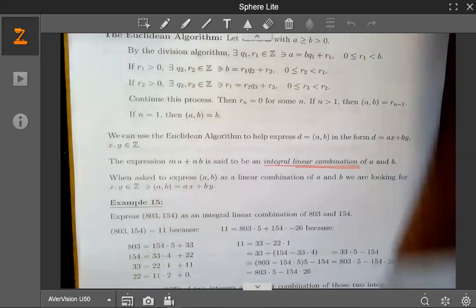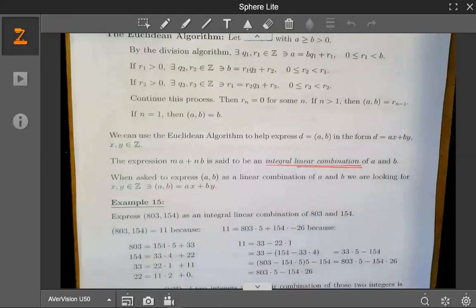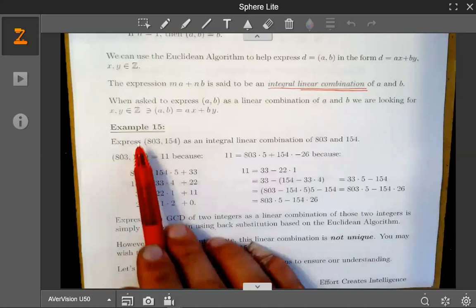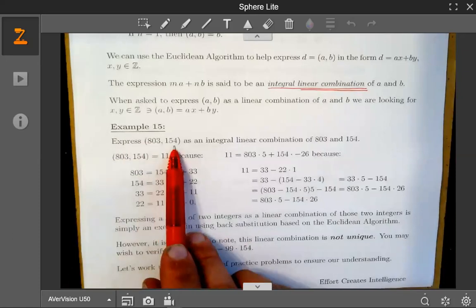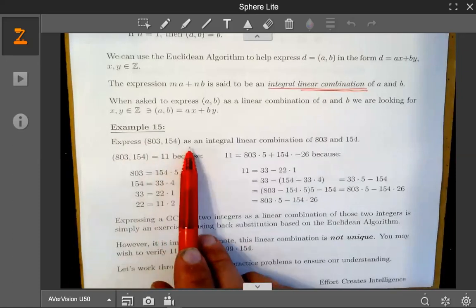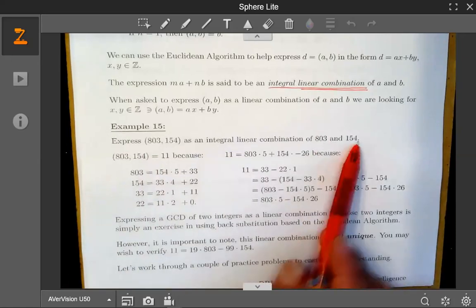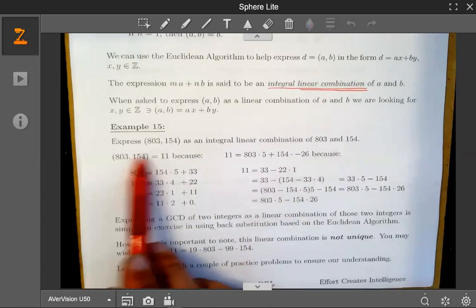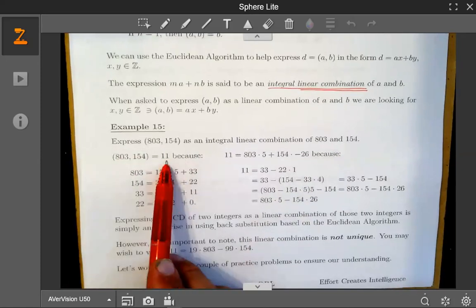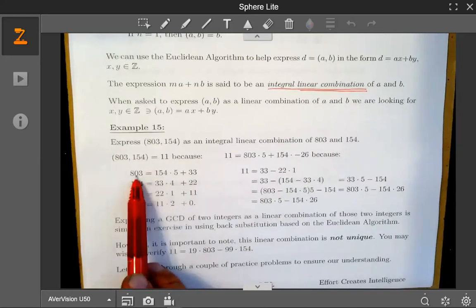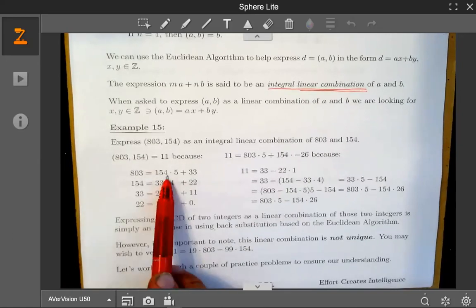So here's a quick example to look at these steps. If we want to express the greatest common divisor of 803 and 154 as an integral linear combination of 803 and 154, first we need to find the greatest common divisor, and we know it's 11 from working through the Euclidean algorithm. That 803 is 154 times 5 plus 33.